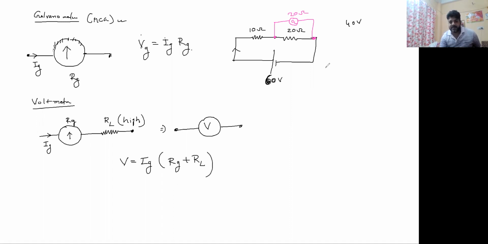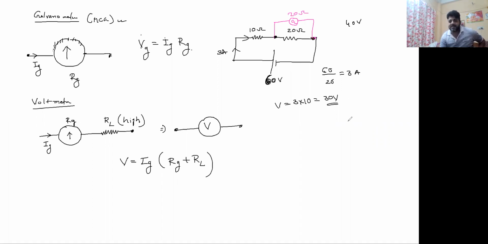60 divided by 20, 3 ampere. So the current sent is 3 ampere. The equivalent resistance across this part is now 10. So what is your voltage? 3 into 10, how much? 30 volt. Yes or no, if you use a galvanometer.